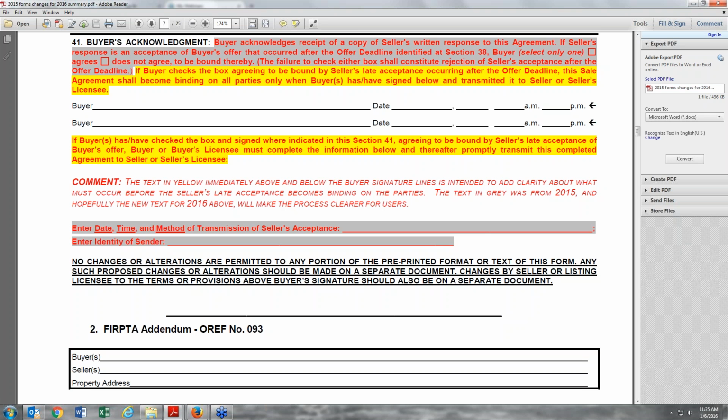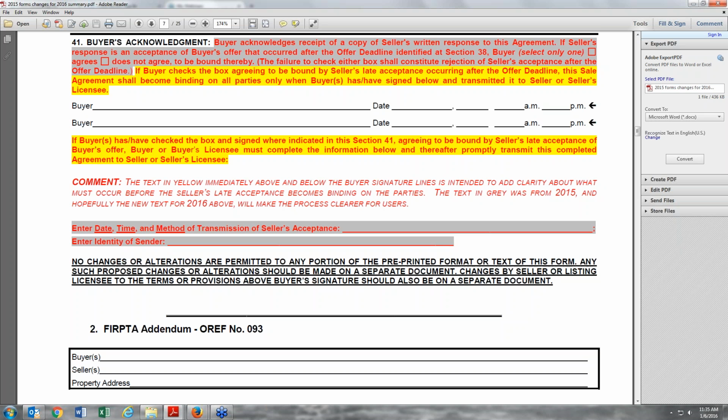And then in yellow below the signature, it says, if buyer has checked the box and signed where indicated in this section 41, agreeing to be bound by the seller's late acceptance, buyer or buyer's licensee must complete the information below and thereafter promptly transmit this completed agreement to seller or seller's licensee. And so then we have this gray area. It says, enter the date, time, and method. Now that's the way that the text has read for a couple of years, I think.